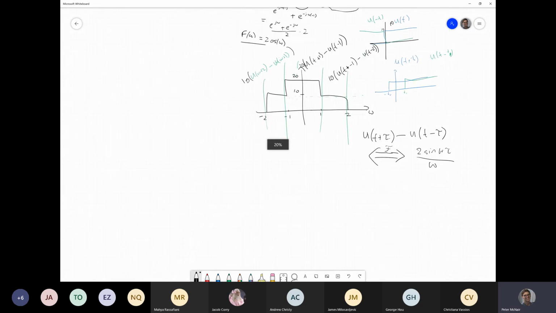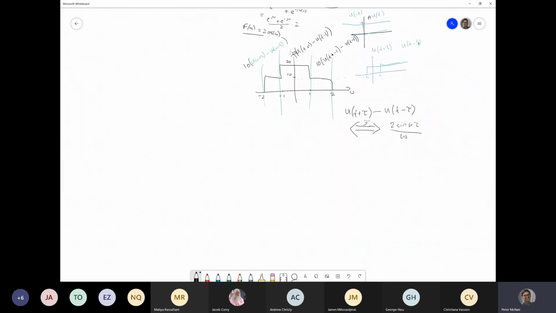We can do some tricky stuff with something called duality. So you may have to use duality in your exam. And duality is the thing where your frequency domain stuff sort of looks like a time domain thing that you've already known. And if that happens, then we can essentially flip them.